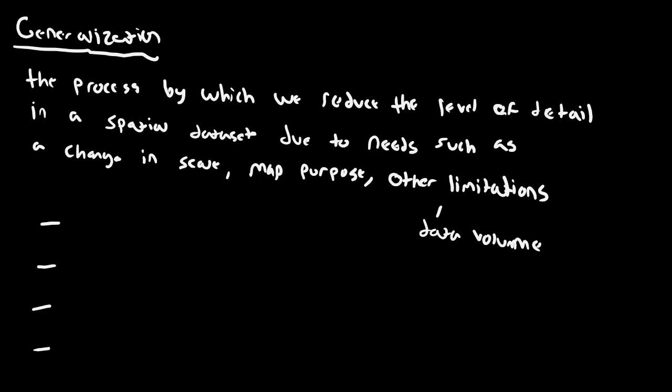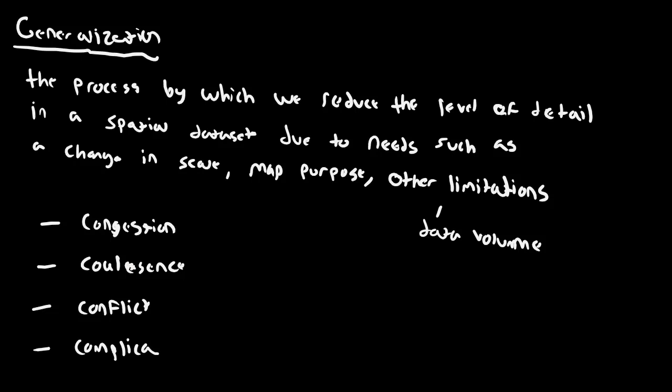We have congestion, we have coalescence, we have conflict, and we have complication. So let's go ahead and talk about each one of these in order, describe them, and look at an example of what that might look like on a fake map.